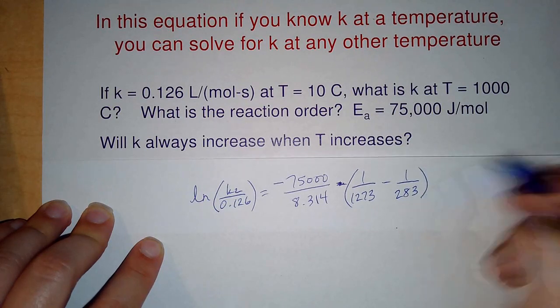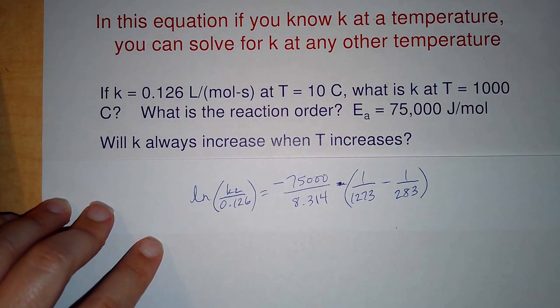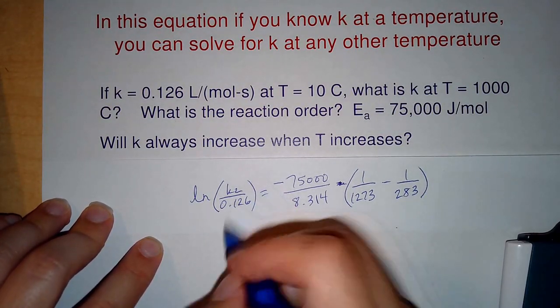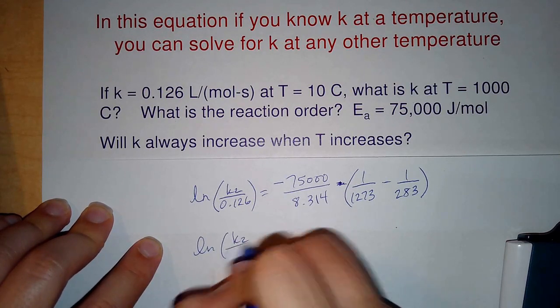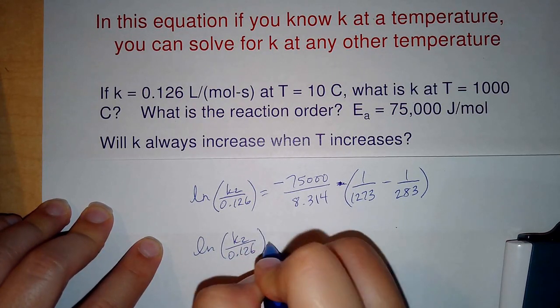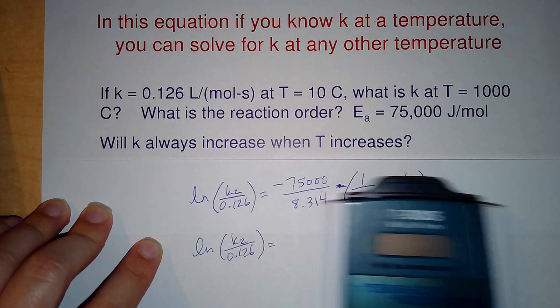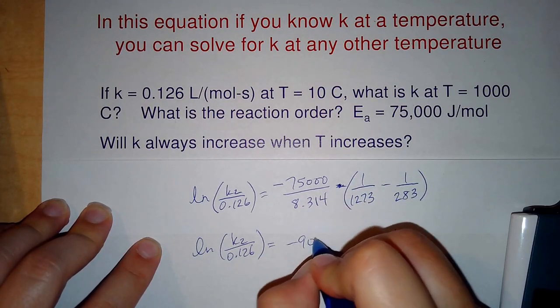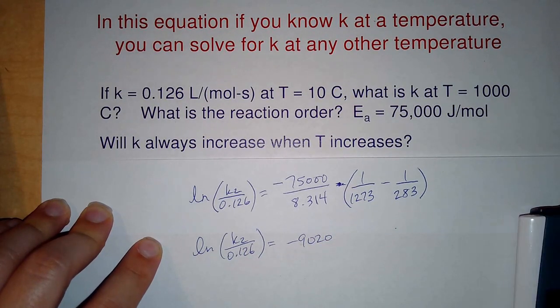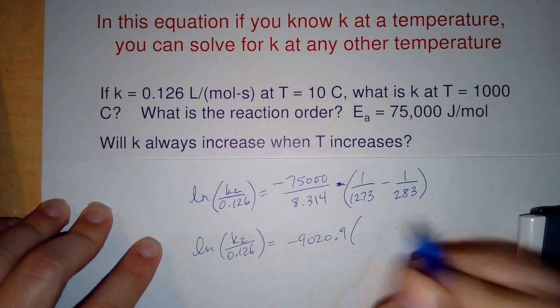Alright. So we have negative 75,000 divided by 8.314, so negative 9,020.9, and then we'll find our difference in our temperatures.